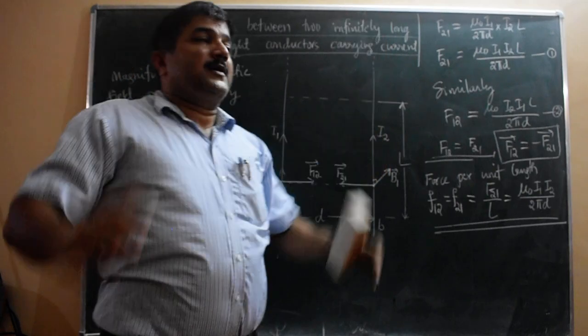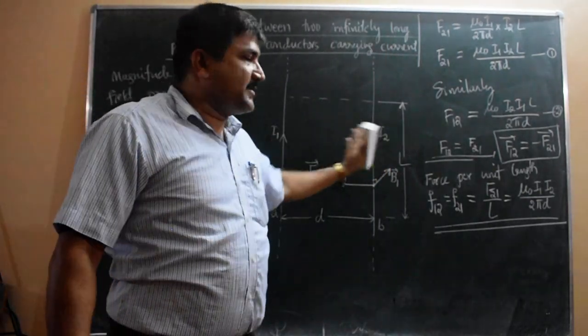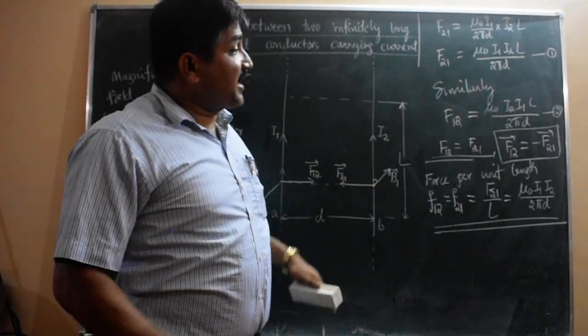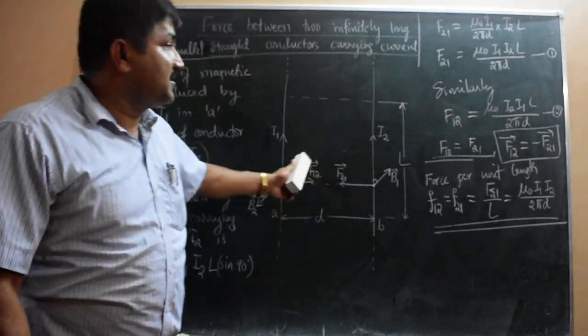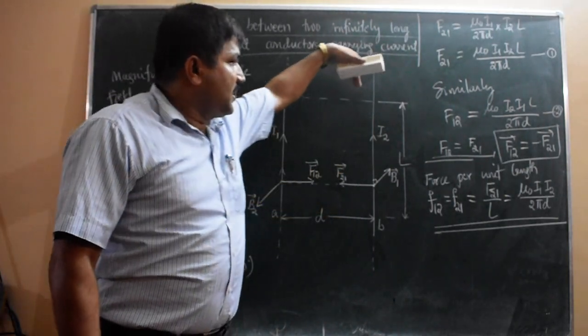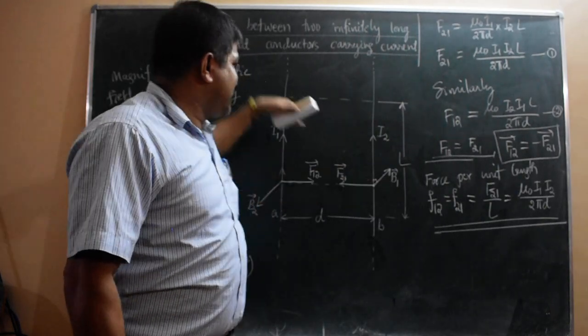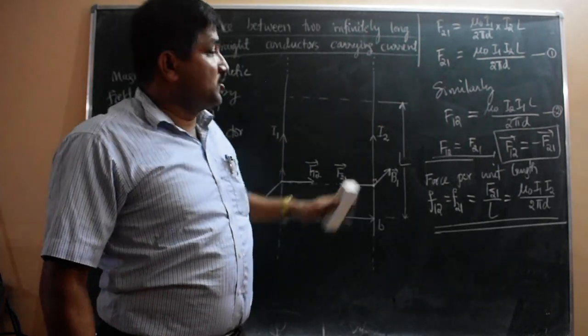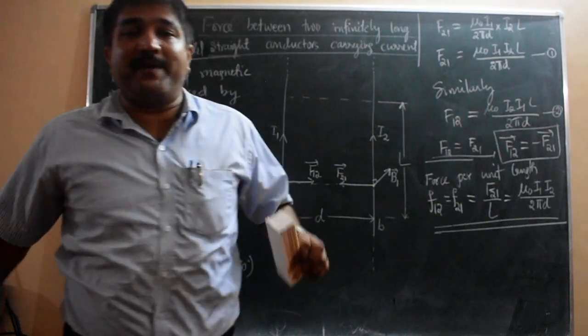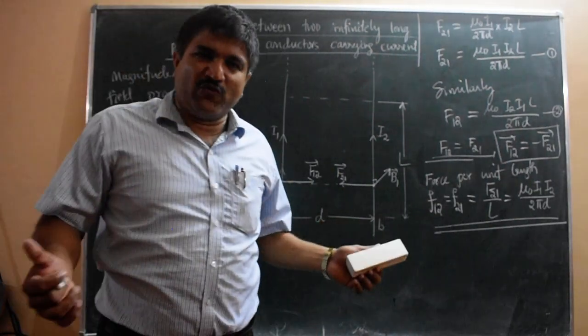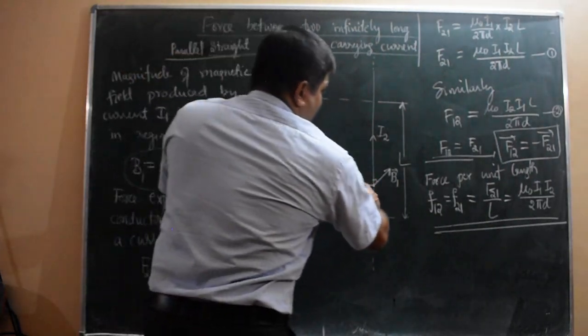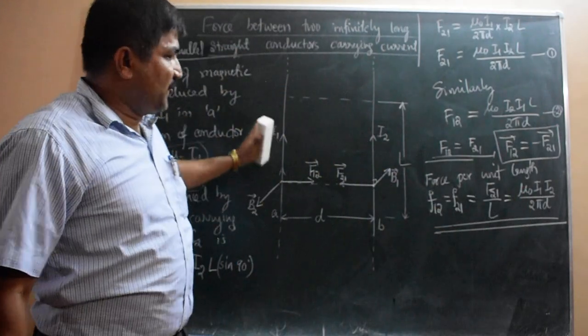Here the currents are in the same direction, as we have chosen. If the currents are in opposite directions, suppose this current is upward and this one is downward, then the force will be opposite, which means there will be a repulsive force. Here the force is attractive.